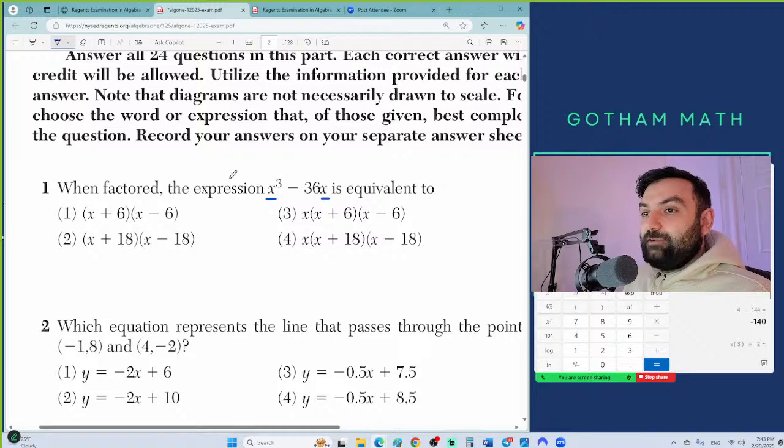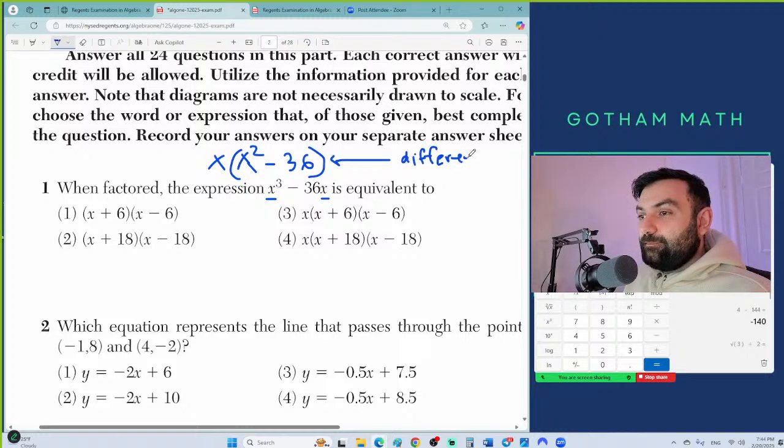The x will go outside, and inside I'm going to have one less x on the x to the third, which is x squared now, minus 36. Now we get x times x squared minus 36, and x squared minus 36 is a specific formula that's called difference of two perfect squares.